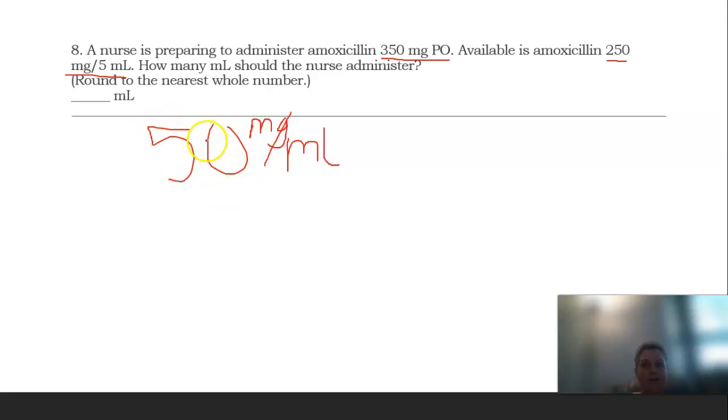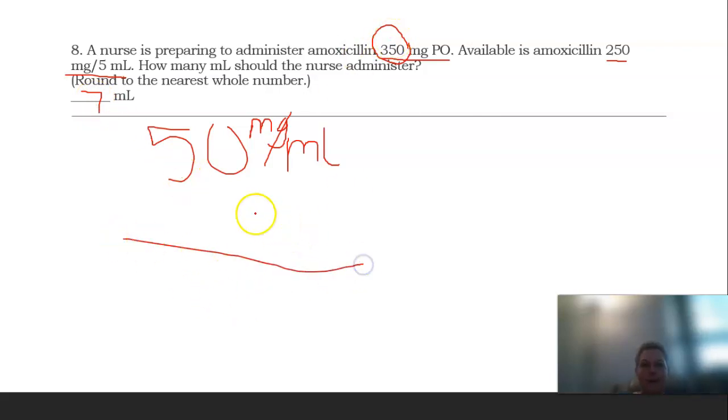Can I take this 50 and divide 350 by 50? If I could do math in my head, wouldn't I know that that's 7 times that amount? Seven times 50 is 350.